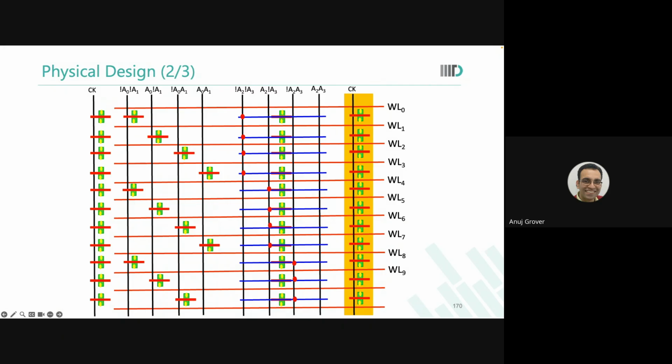Are you able to see this? For the top 4 word lines, the programmation is always on the same A2 bar, A1, A3 bar. So instead of using 4 transistors there, I could have used just one, because it is going to do the same thing. I may have a bigger transistor, but it still saves me area.